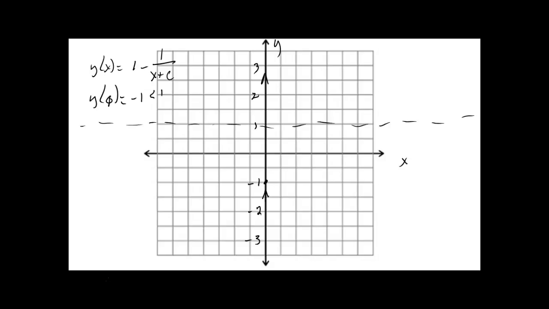Now, knowing that, we can solve for C. So let's plug in 0 for x. y of 0 is equal to 1 minus 1 over, what? x is equal to 0, plus C. Now, solve for C. And we know this is also equal to -1, so sort of get this out of the picture.